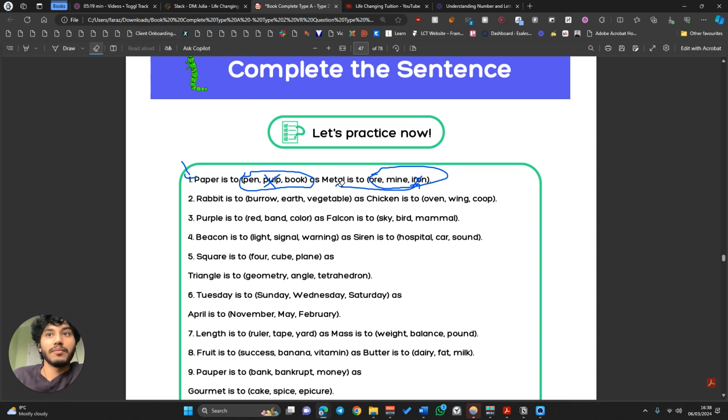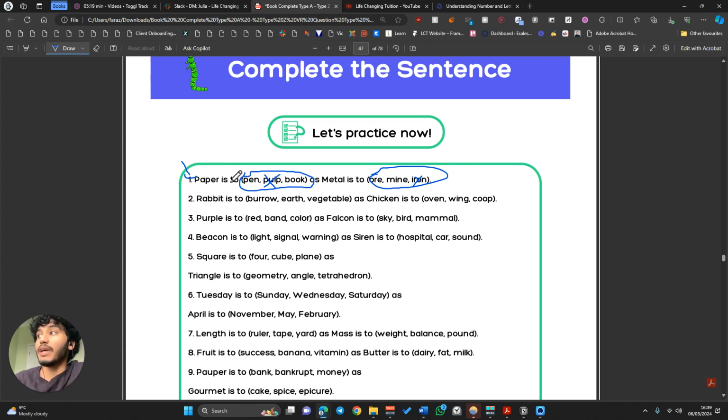Let's cross that out. We're left with these two, right? So a mine, you could say metal is found in a mine. Or you could say it's found in an ore. You could say metal is mined. But what I'd say is pen to paper is a very different relationship here, because a pen has to be used.